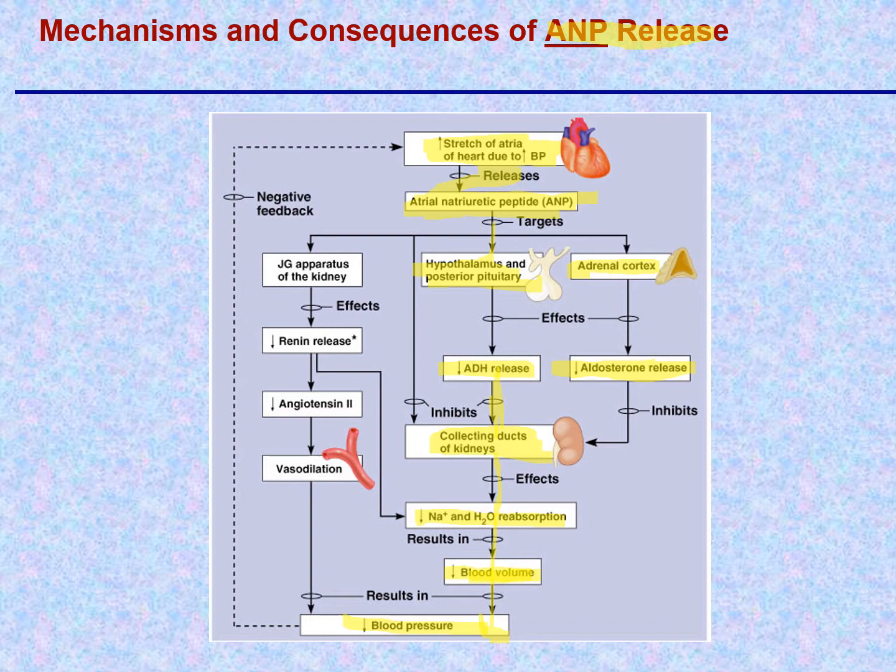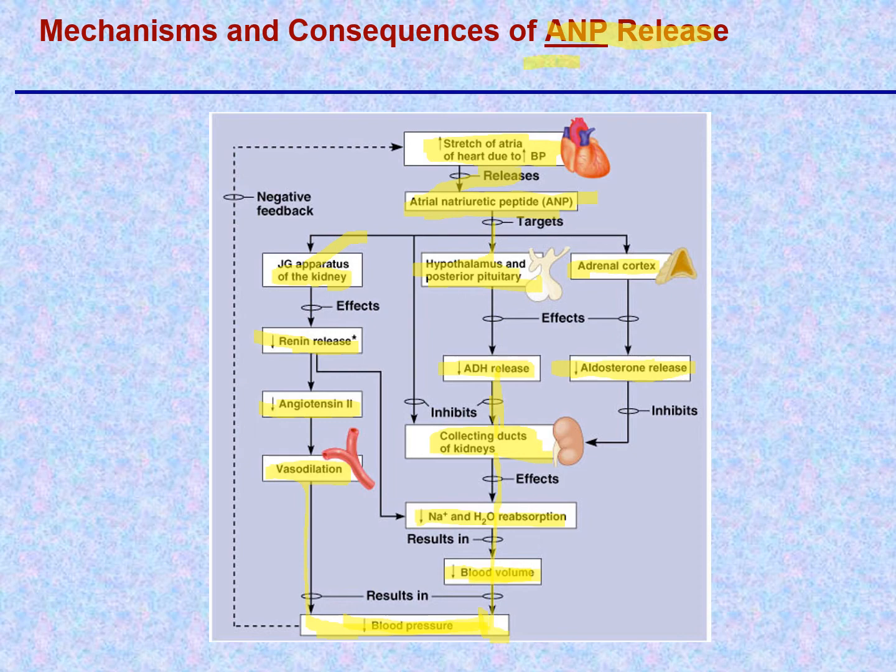And ANP acts on the juxtaglomerular cells, inhibiting renin release and therefore angiotensin II formation. Angiotensin II would cause vasoconstriction, so essentially you will get vasodilation and a drop in blood pressure.